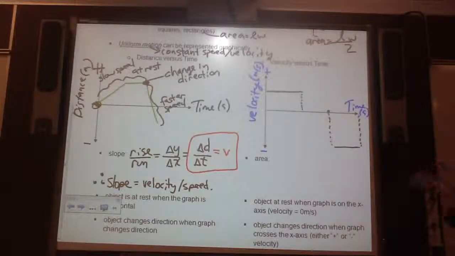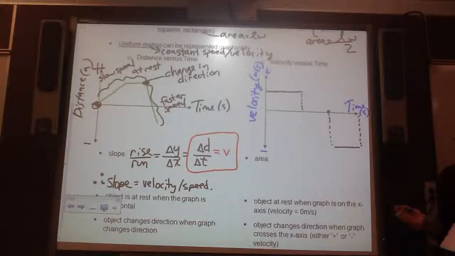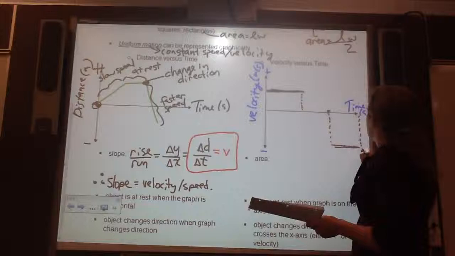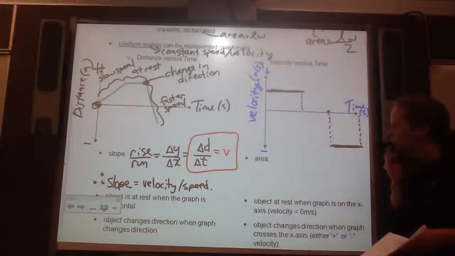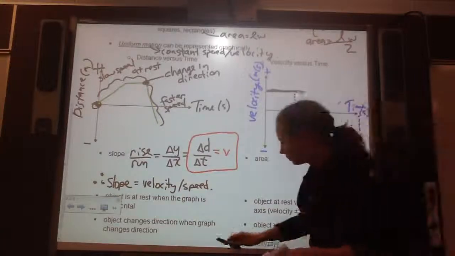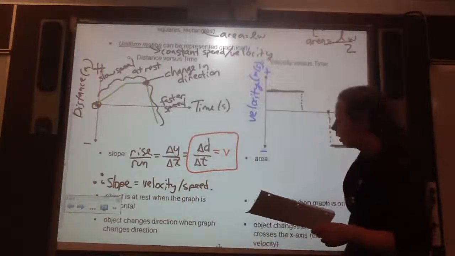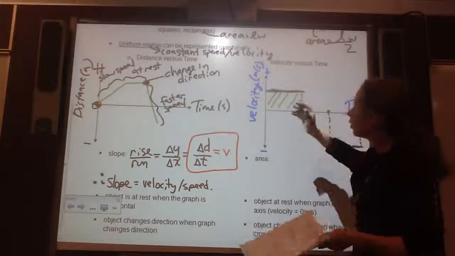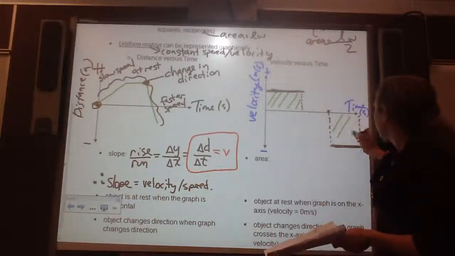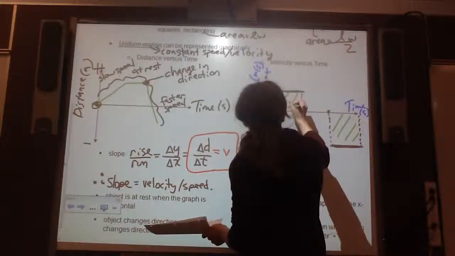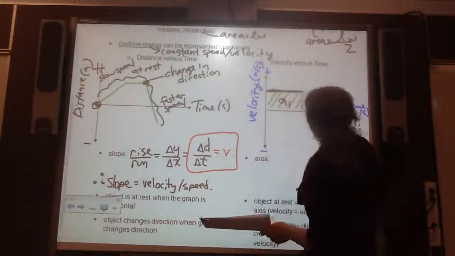The dotted lines represent how we find area. But this is the actual plot, okay, these two lines. So here, this is my area 1, this is my area 2.